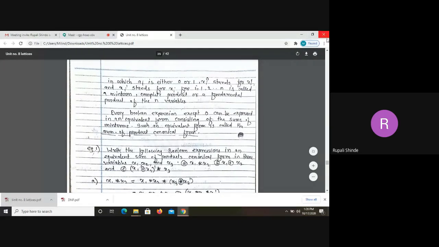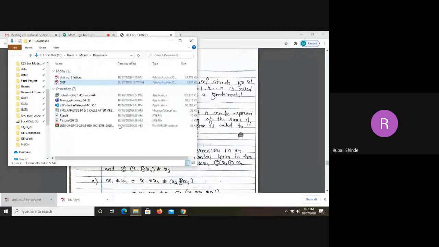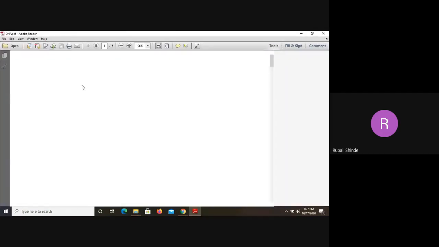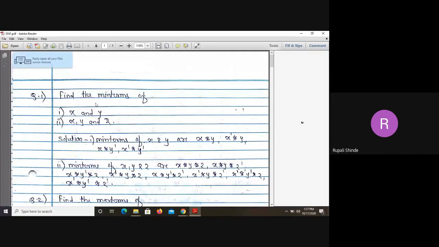Here you have to remember that the term minterm is associated with sum of product. Just a minute, I will show you how to define a minterm. The question is given: find the minterms of x and y.